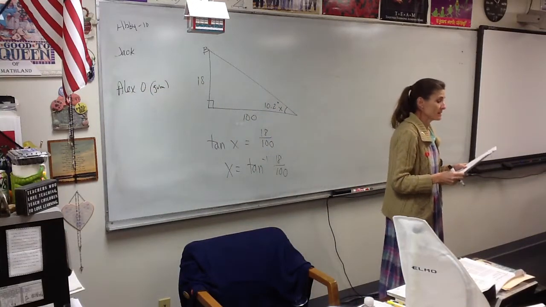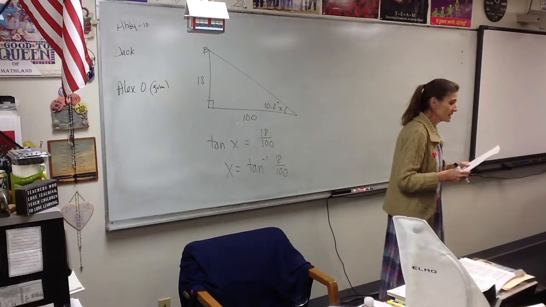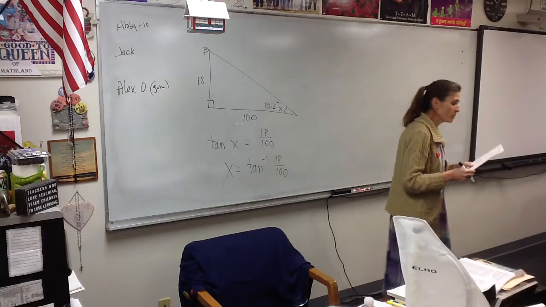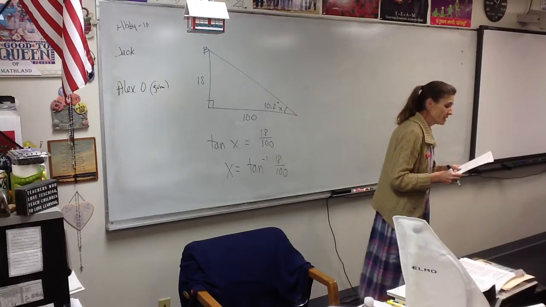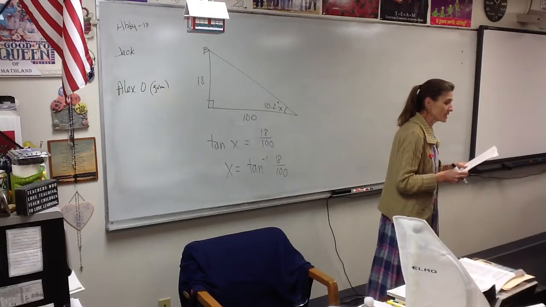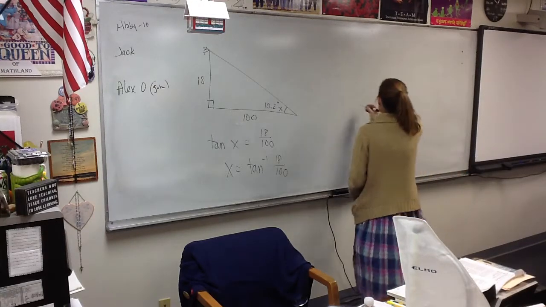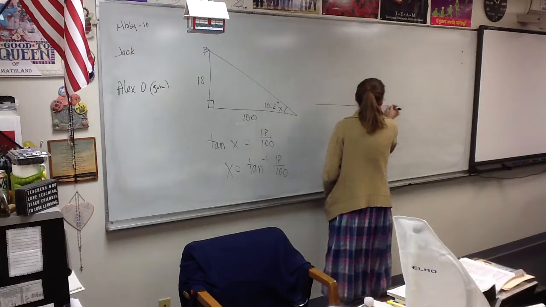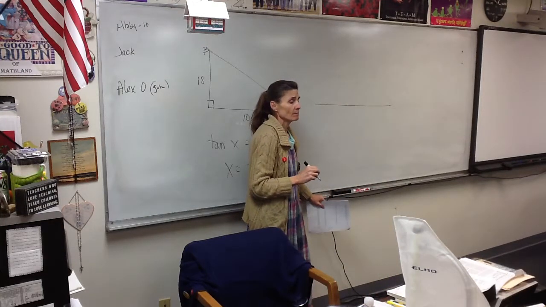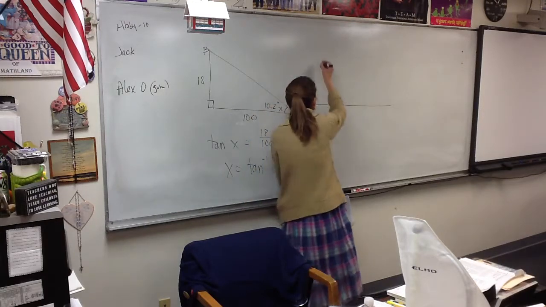See if you can draw this. Find the distance from a worm on the ground to a bird in the top of a tree, if the bird's angle of depression to the worm is 24 degrees and the tree is 19 feet tall. So here's the ground and here's the tree.